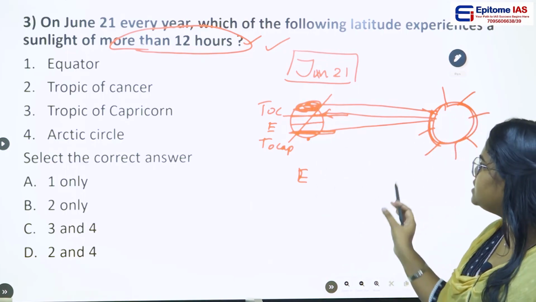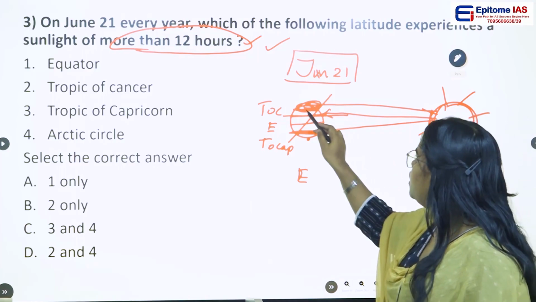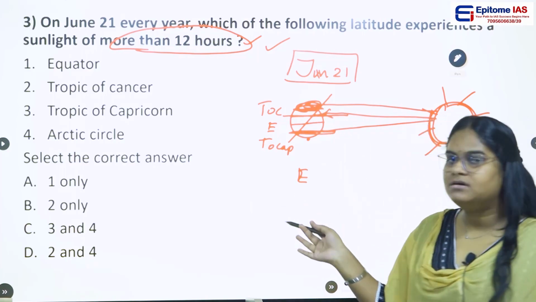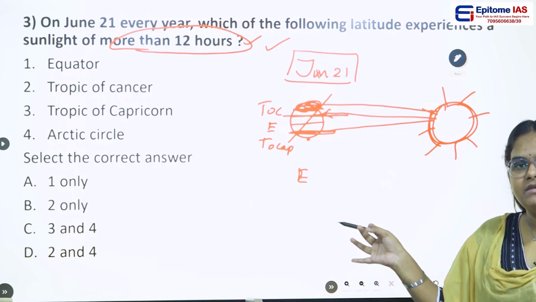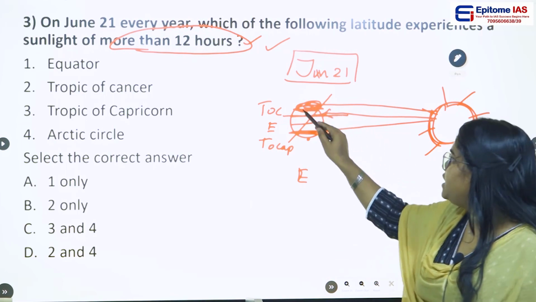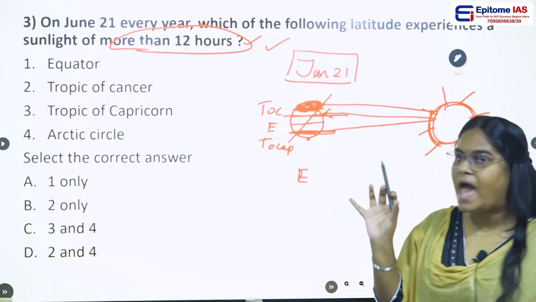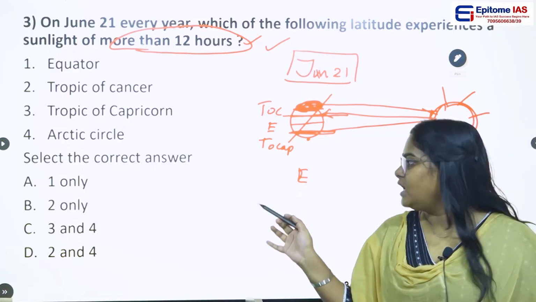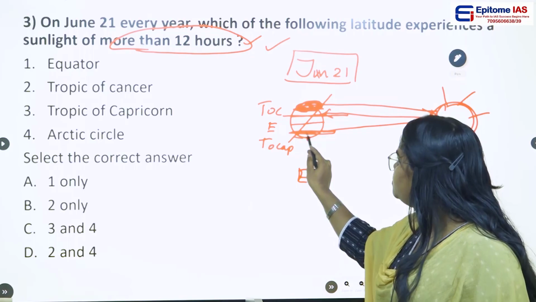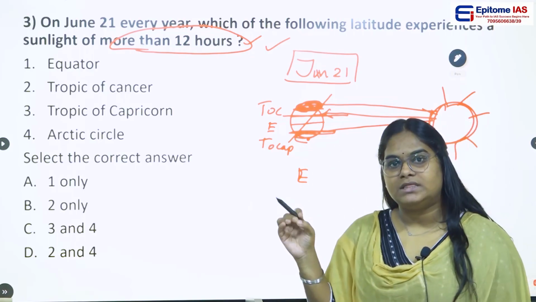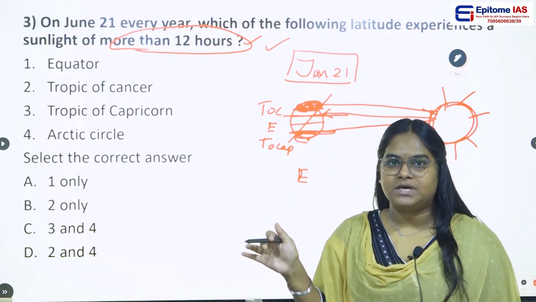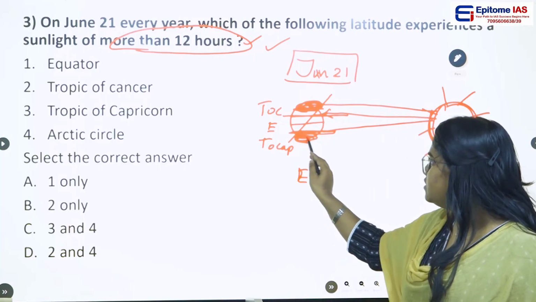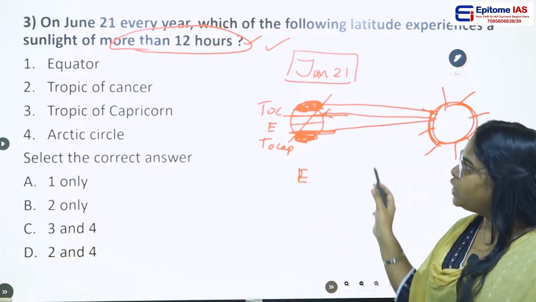The Arctic Circle will be having the sunlight of more than 12 hours definitely. Why? Because this particular North Pole is going to have the daylight of 6 months. Simultaneously in the South Pole, it will be having the night of 6 months, and here there is no sunlight for 6 months.